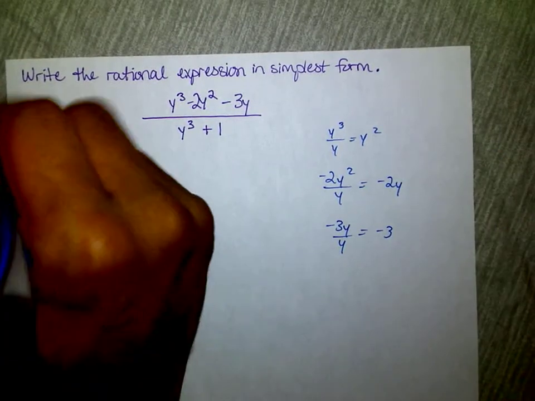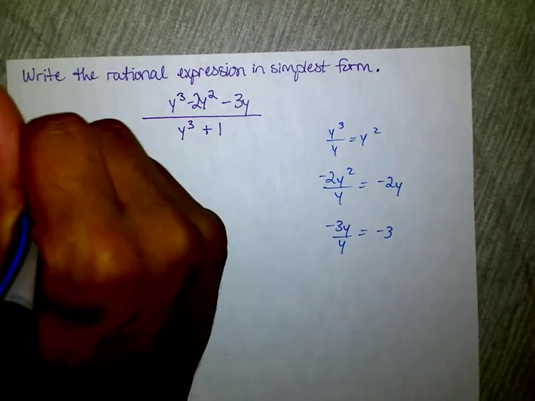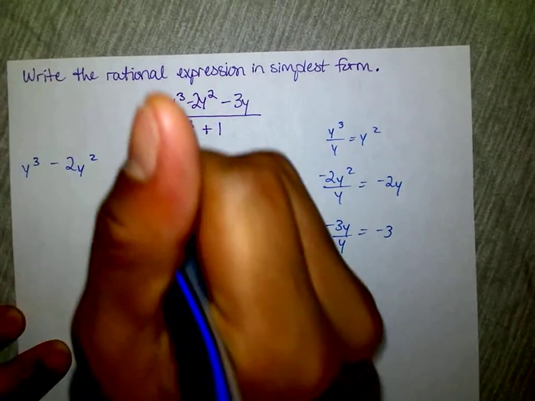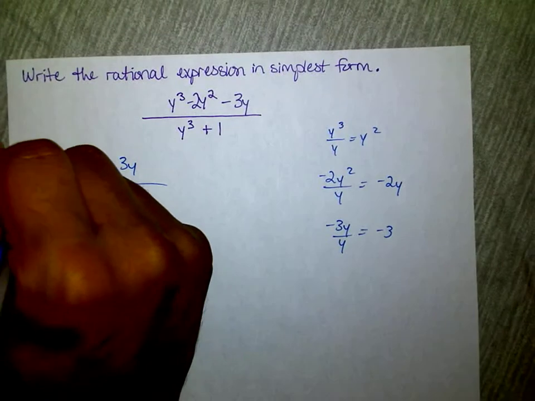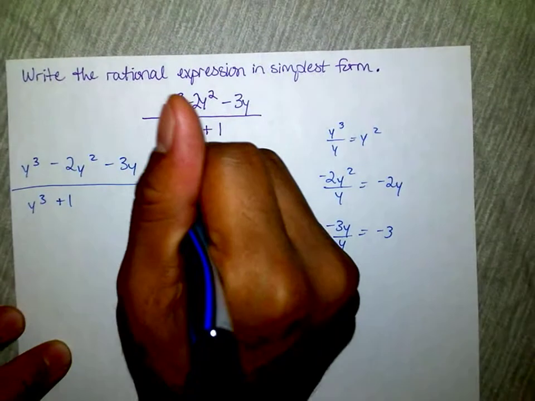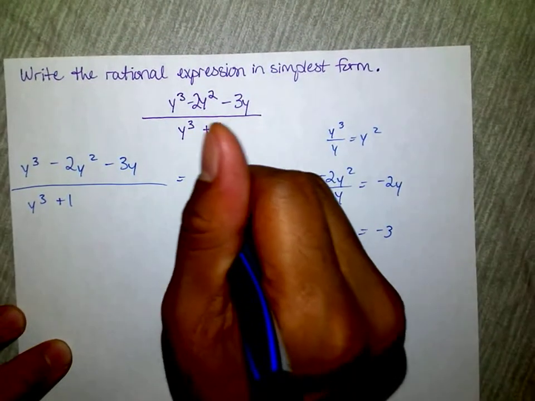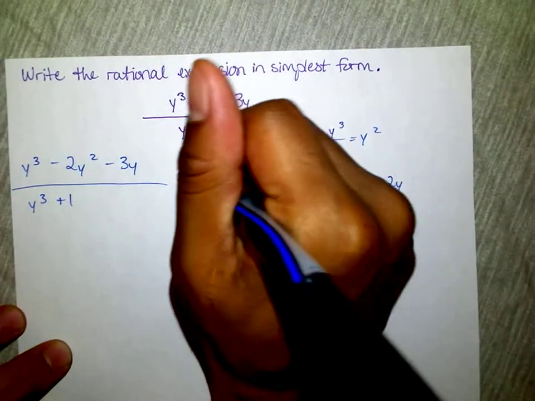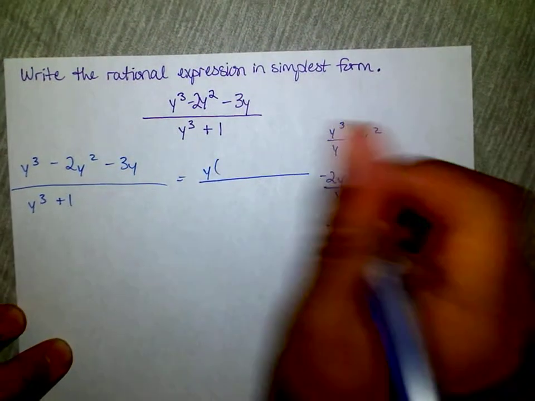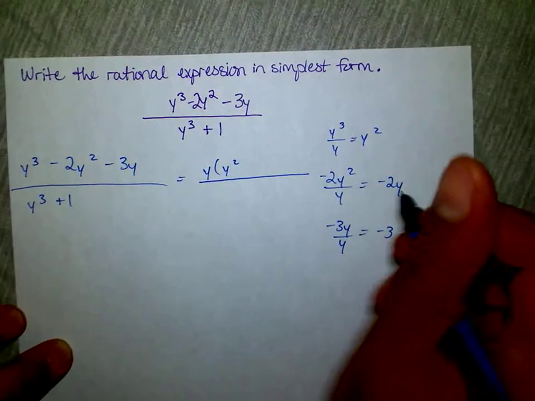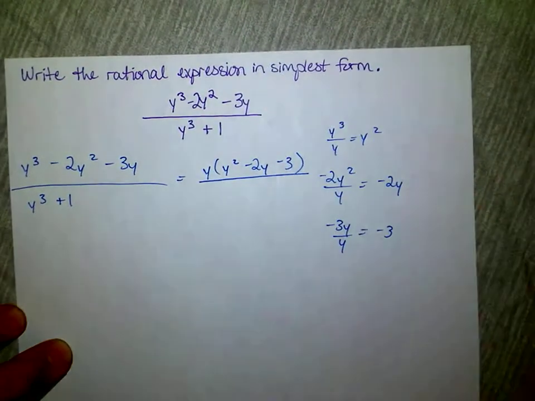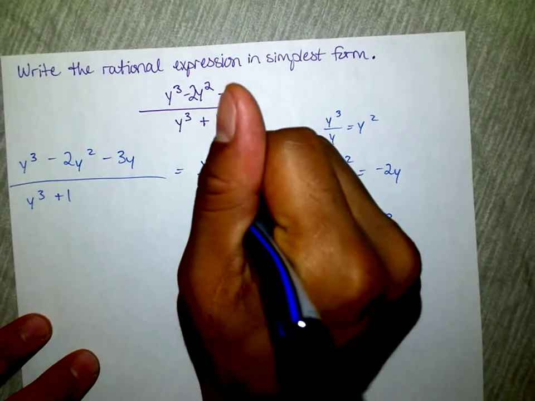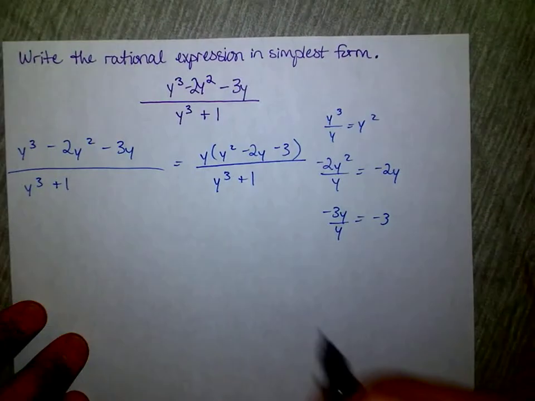So, let's rewrite everything. That's going to simply give us so far, take the y's out, we're left with y squared, negative 2y, negative 3, okay? And on the bottom, we still have y cubed plus 1.